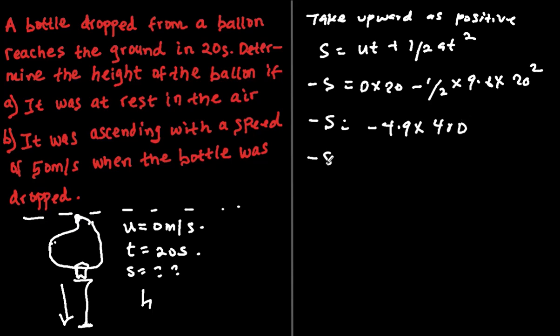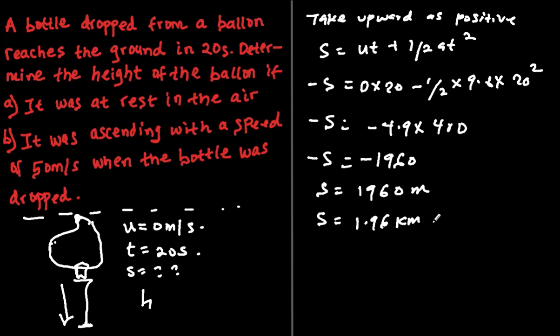So negative s is going to equal negative 4.9 times 400. That is 1960, so negative 1960. Negative cancels negative. s is equal to 1960 meters. If you want to put it in kilometers, we divide by 1000. So that's going to give us 1.96 kilometers, approximately 2 kilometers.